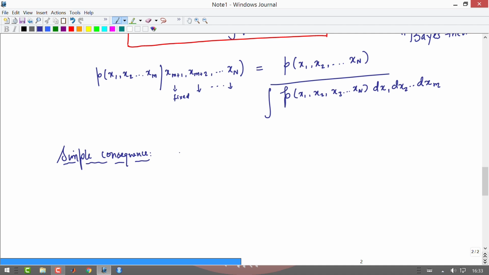If x1 and x2 are uncorrelated, then the unconditional probabilities are the same as the conditional probability. Okay, so I will first state the theorem. This applies to n random variables. I am just proving it for two variables.